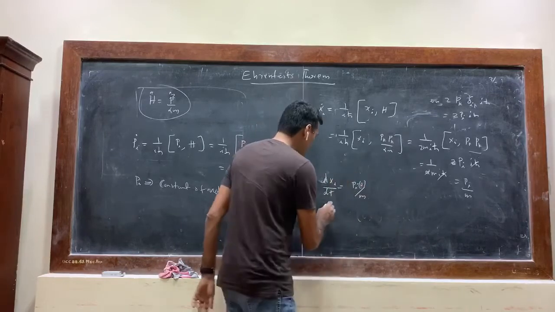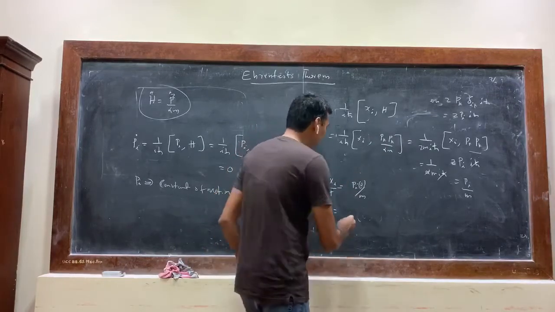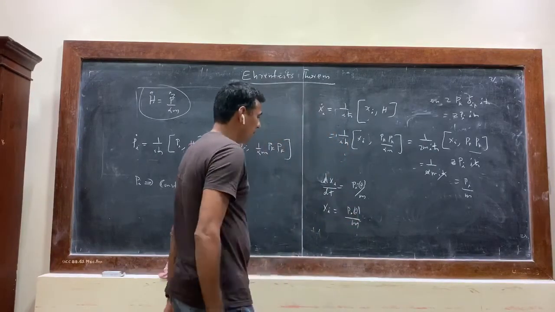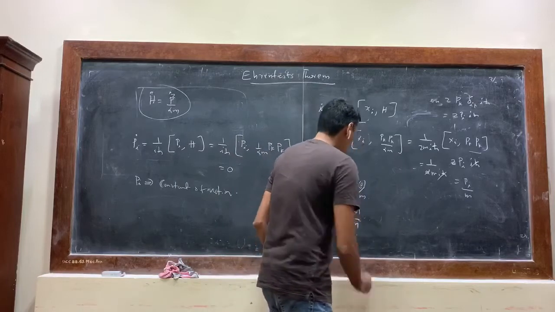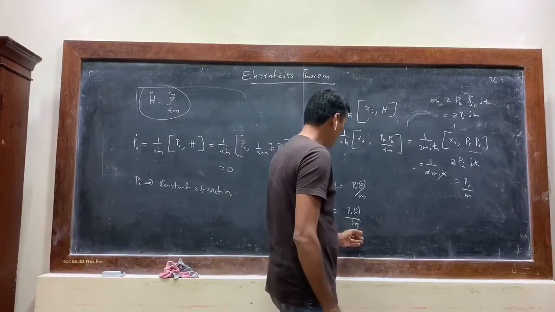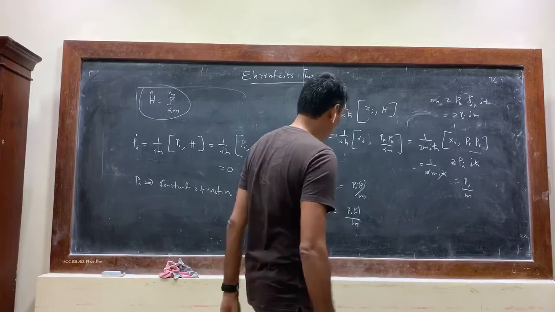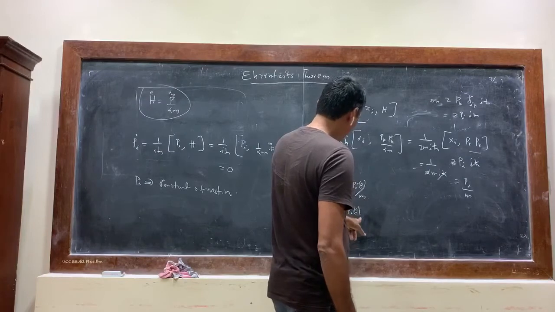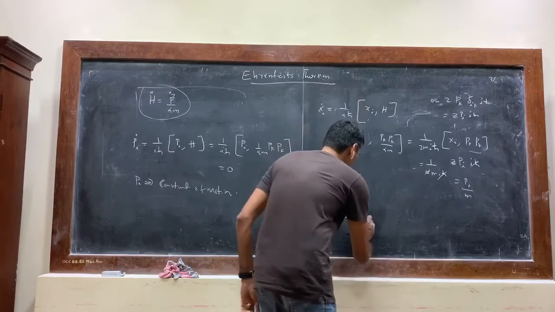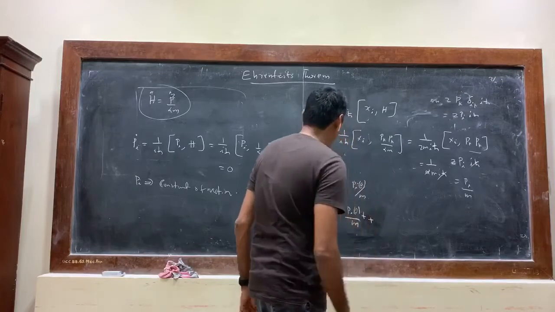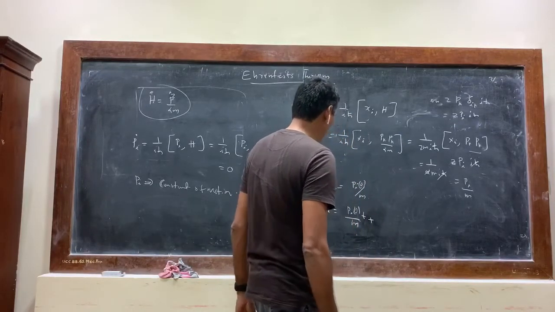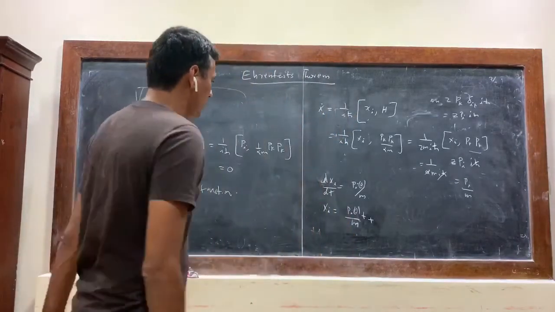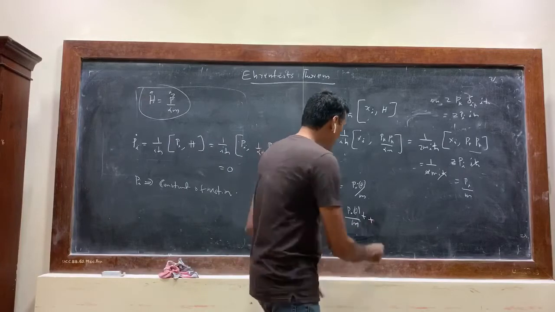Now, what is x_i? You can integrate it, so you will get p_i(0) by m into t plus a constant c.